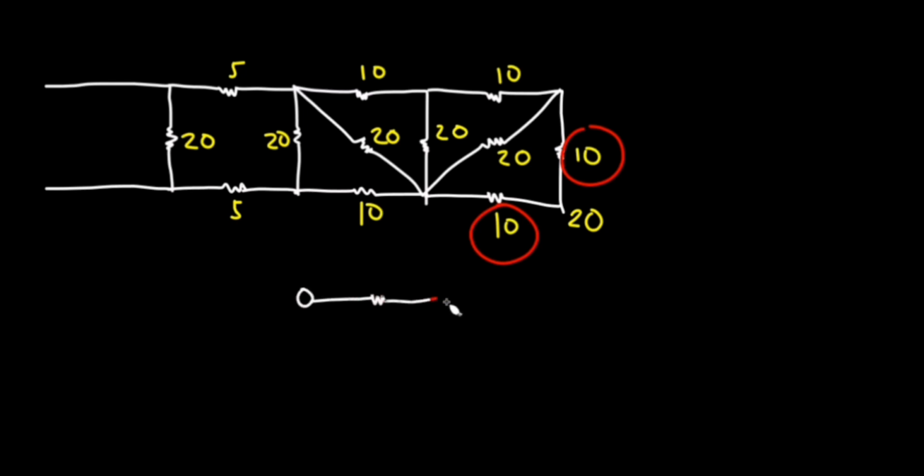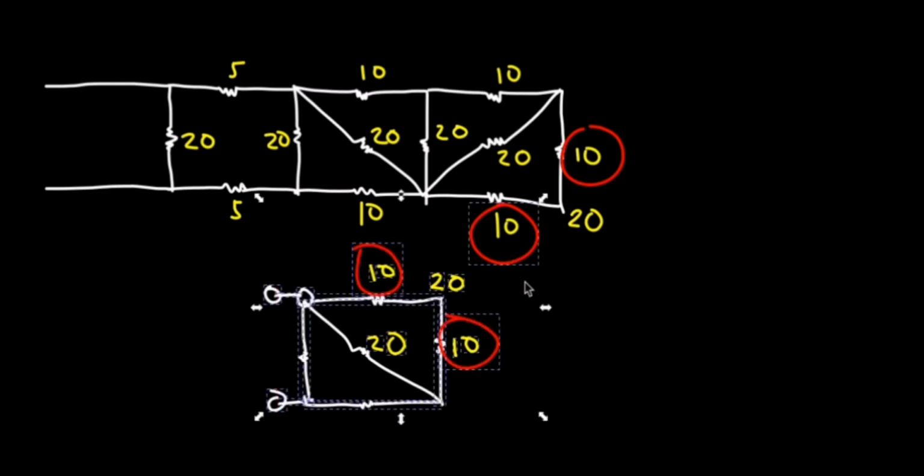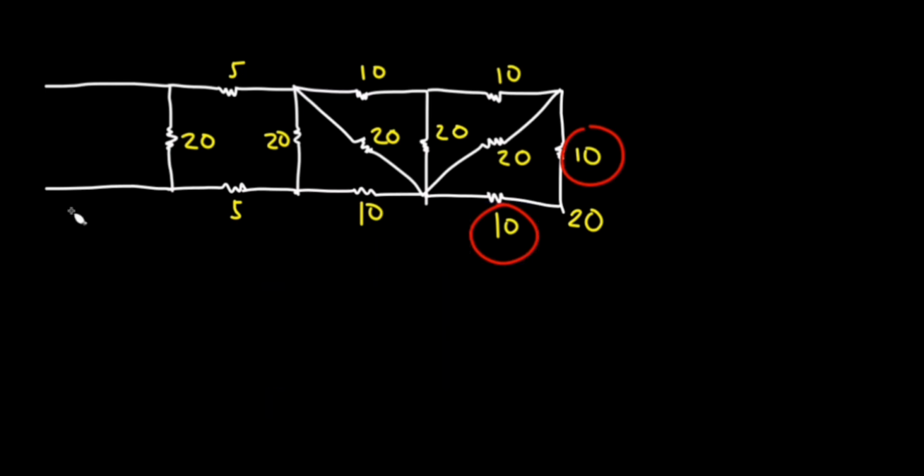Then this 10 ohms is in series with another 10 ohms. Again, this is equal to 20 ohms. 20 ohms now is in parallel with this 20 ohms.